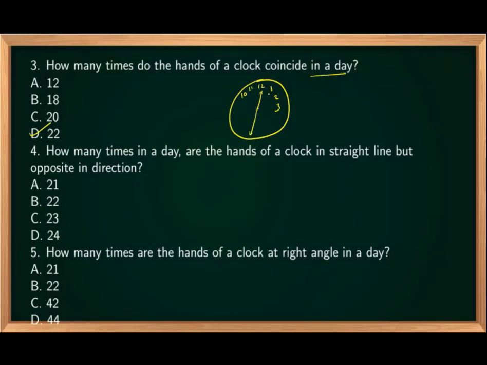Then again at 1 o'clock, it will be in a straight line, 2 o'clock, like that. But while it comes between 11 and 12, there will not be any straight line. So here also, in 12 hours, only 11 times is possible. So in 24 hours, it's 22 only.